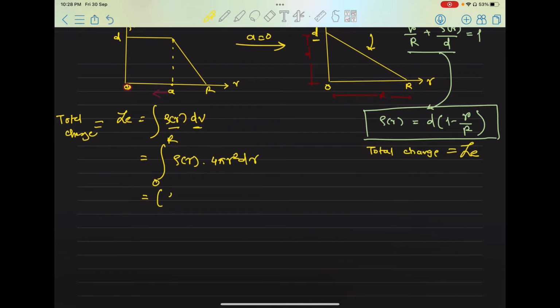It is d. So yes, it is integration 0 to R. This 4 pi d will be common.